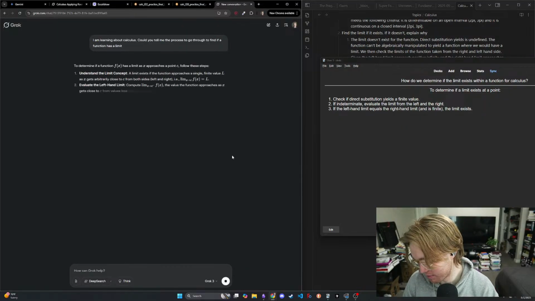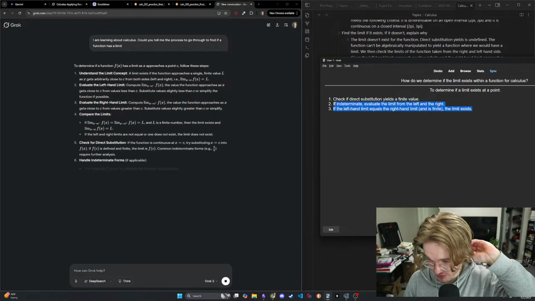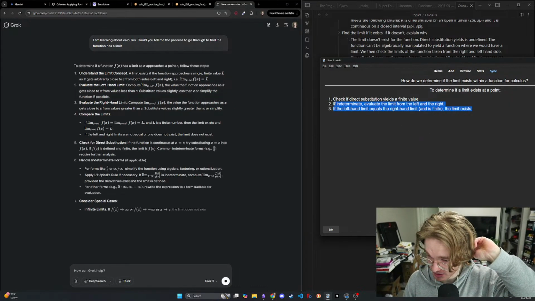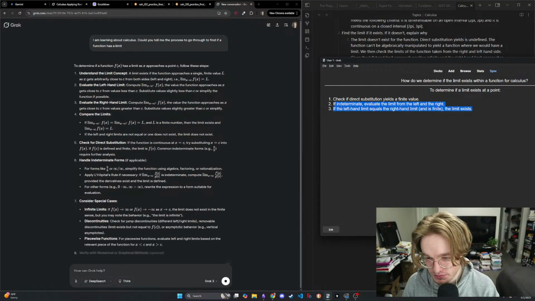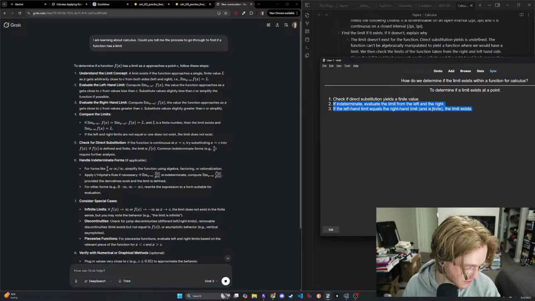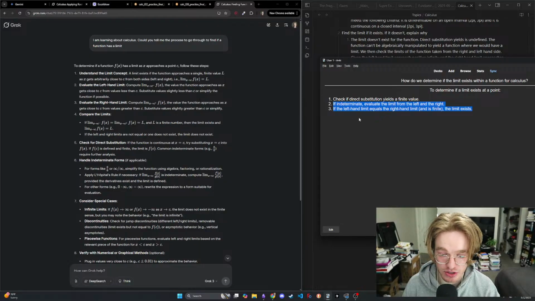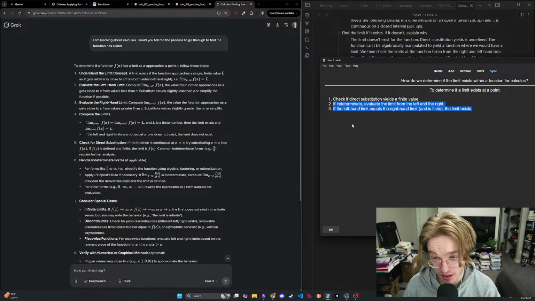Okay, so I'm thinking that there's a little bit more. So for this one here, evaluating the limit from the left and right, I'm thinking that this should only be done if the function isn't... so we perform L'Hopital's rule on a function, right?